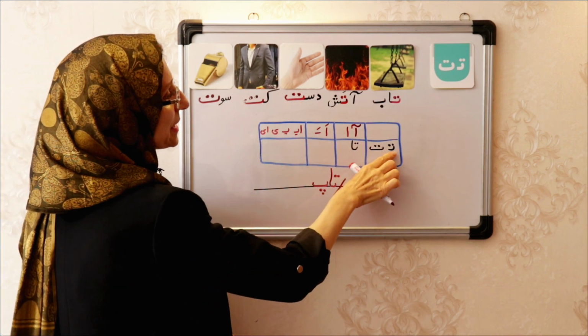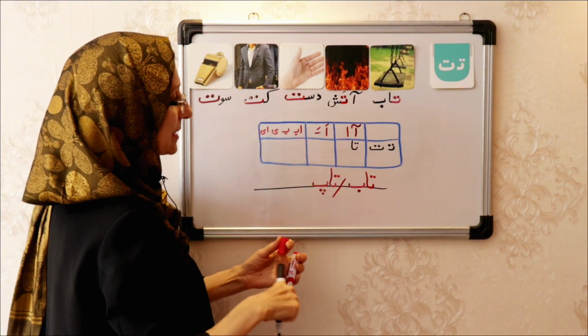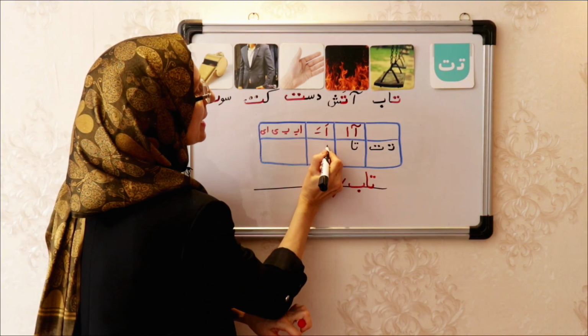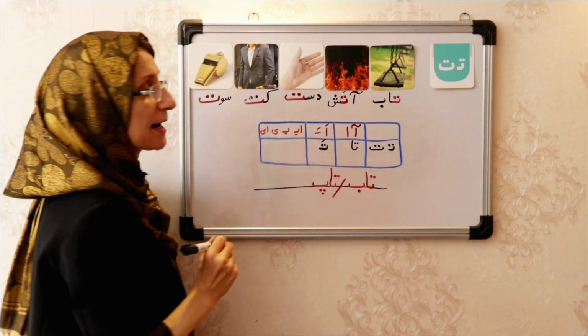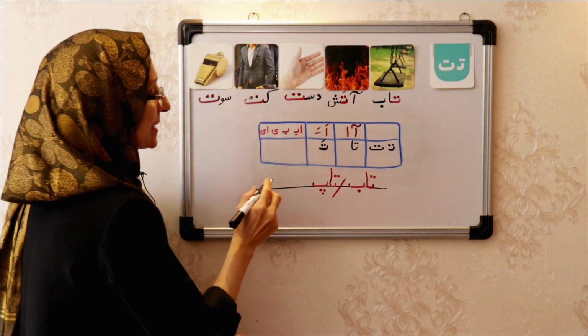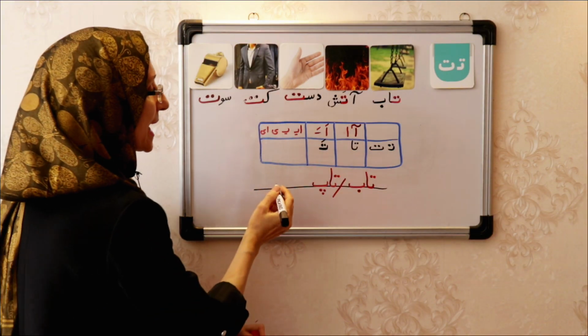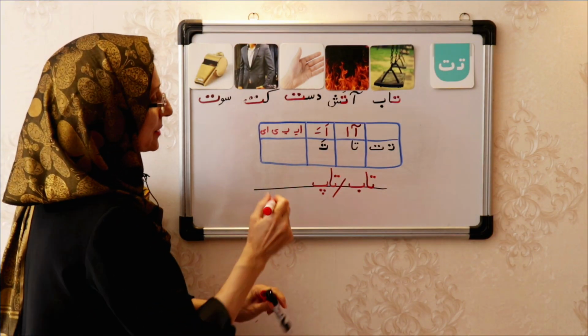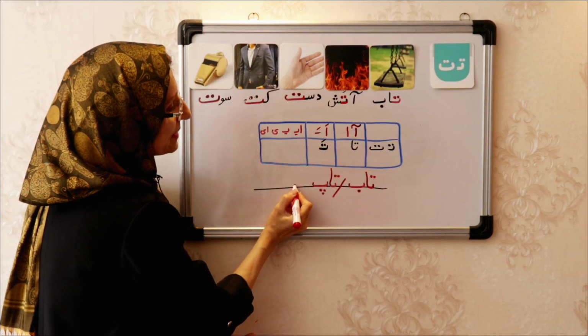And if we connect T to A, then we have ta. Ta like tap. Look at the word, how I connect T to B sound we have learned.